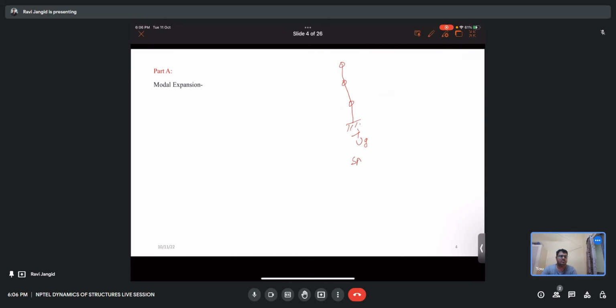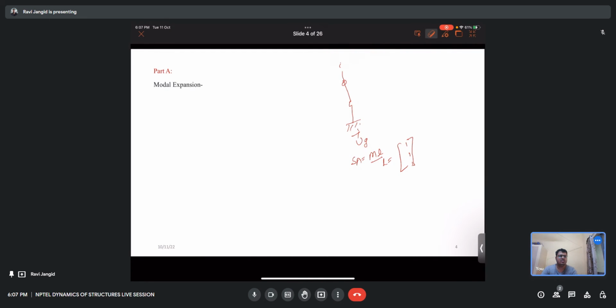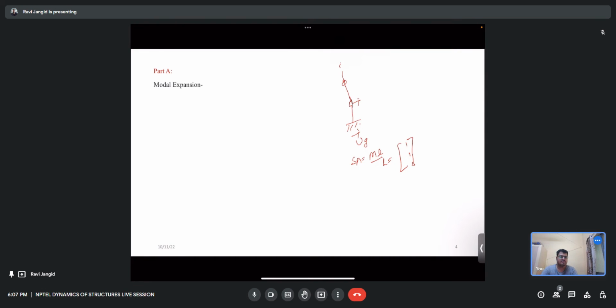So my Sn would be the m times L. So my influence vector L for this would be the 111, because if I apply UG, then here UG, it displaces by the same. So that vector is mass times this displacement 1, mass times 1, mass times 1.